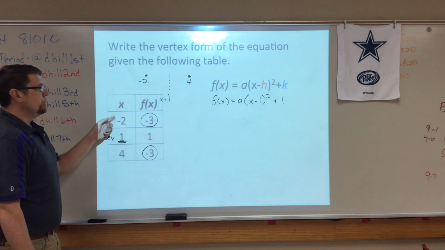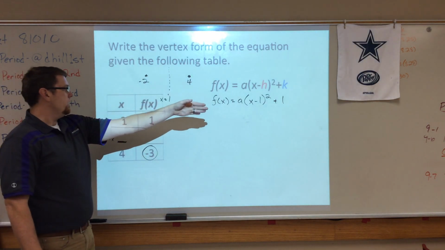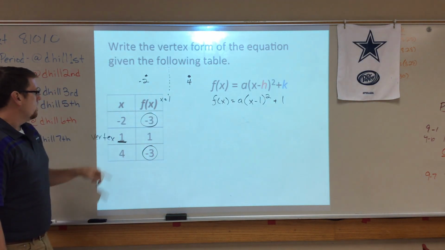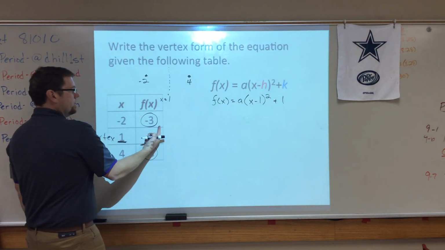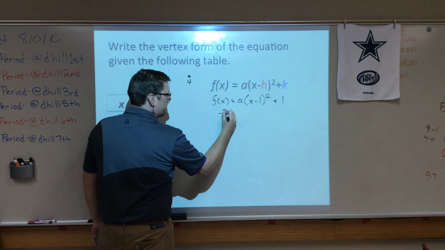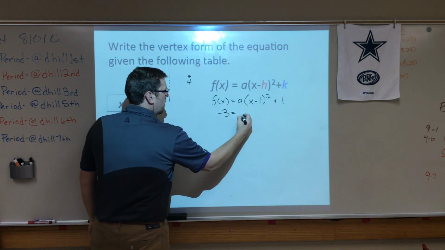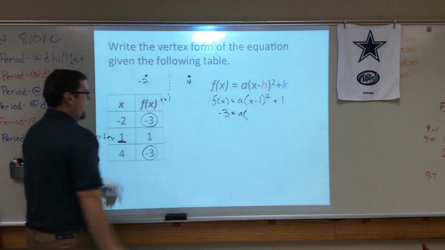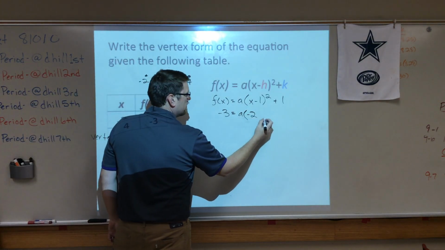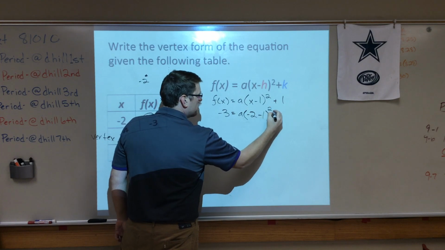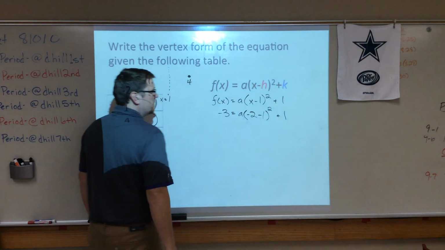And then we need to choose one of these to plug into our equation. I'm going to choose this first one right here on top. So f of x is replaced with my y value of -3. Don't know a. X is replaced with my x value of -2. And I've still got (-1) squared plus 1.